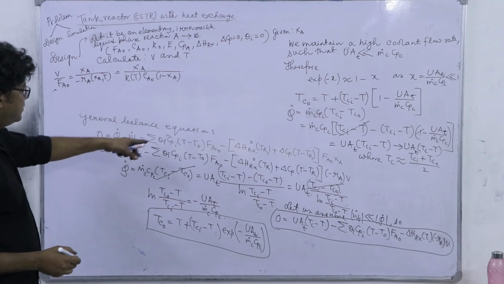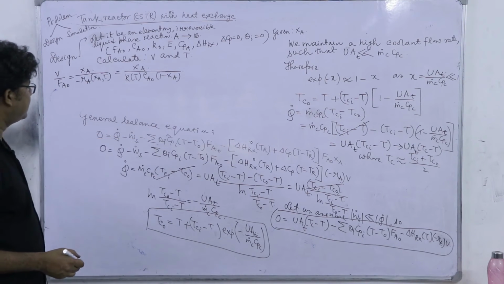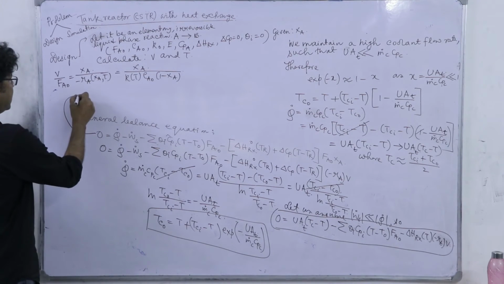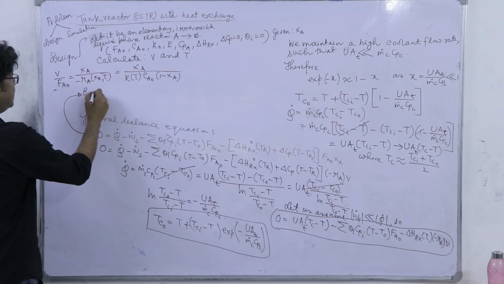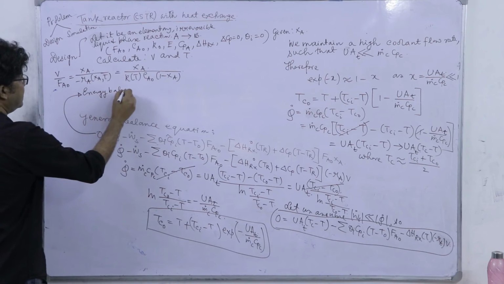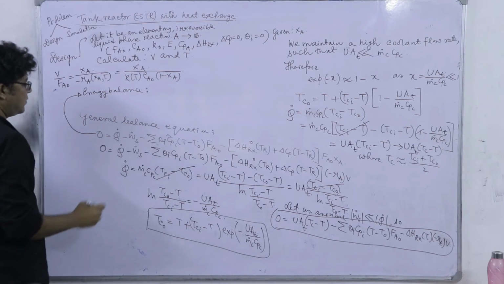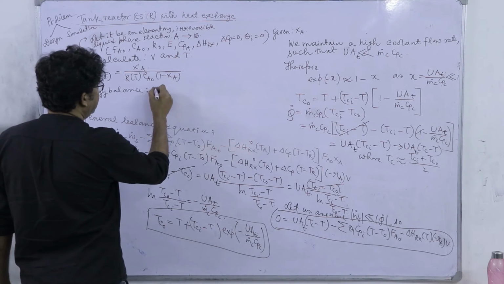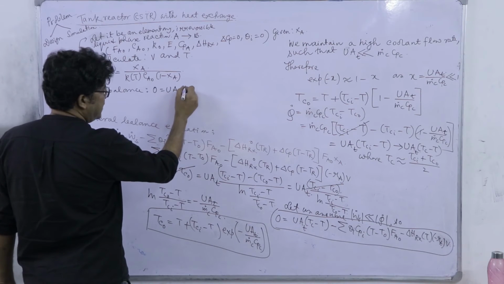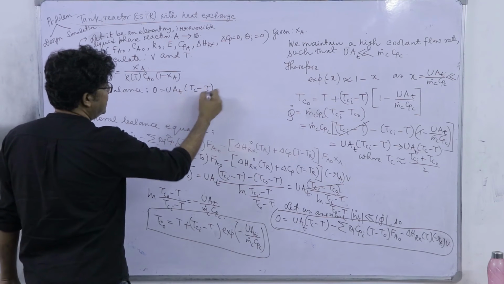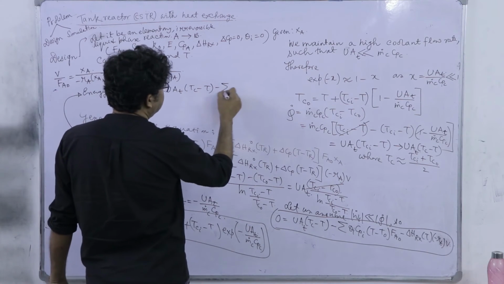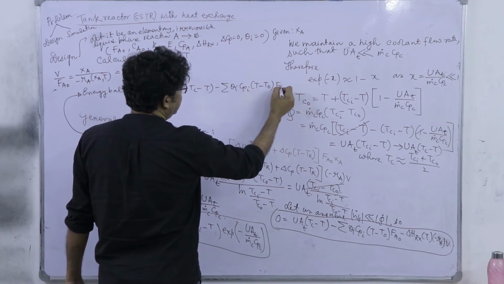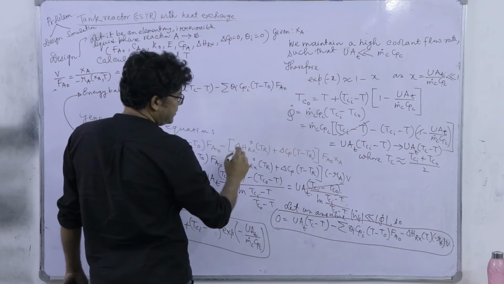So, for this form we will use this. From here we can write the energy balance equation, restructured upon substitution of Q dot, as 0 equal to U into AT into Tc minus T, minus summation theta I Cpi, T minus T naught, into Fa naught, and these terms are 0.